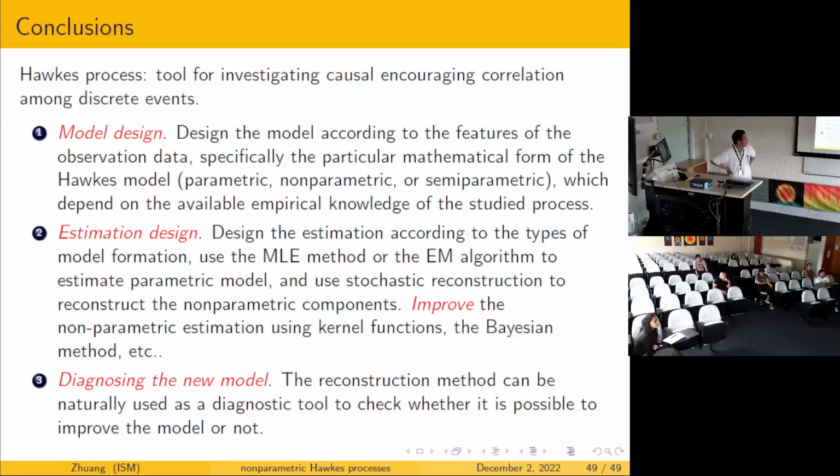And we need to improve the non-parametric estimation using kernels, some of the Bayesian method, whatever. And the last step is diagnosing the model. The reconstruction method can be used naturally as a tool to check whether the model is true or not, whether it can be improved or not.